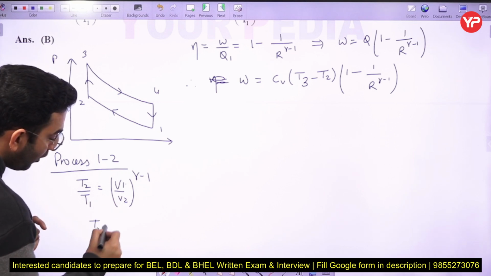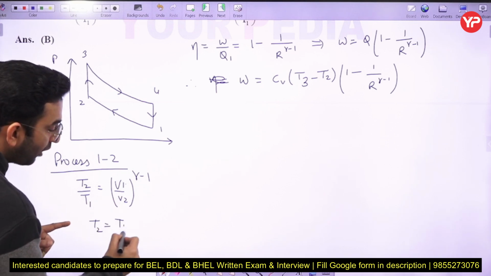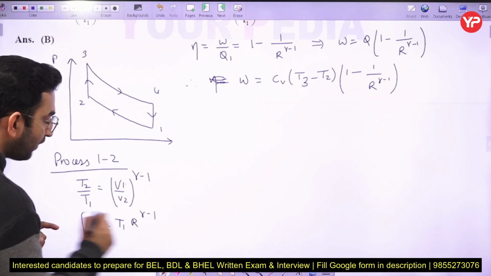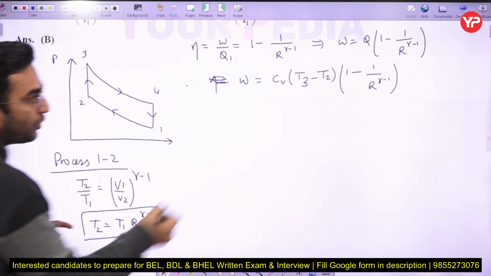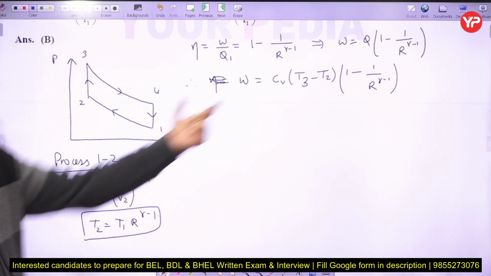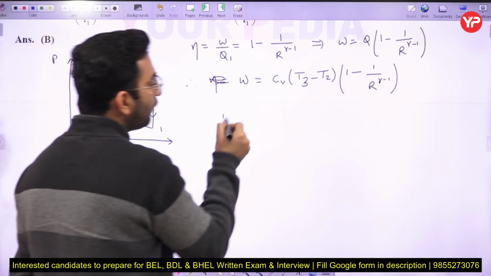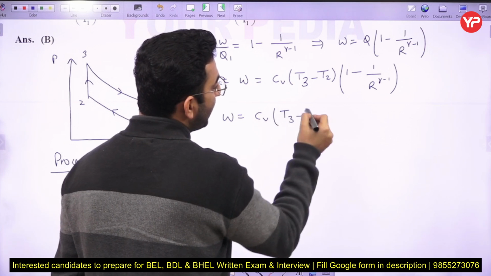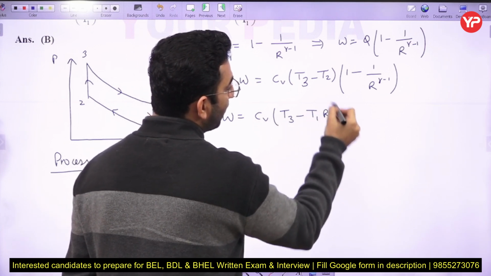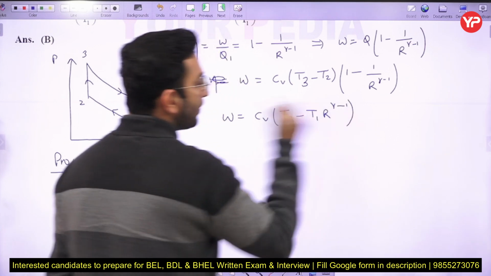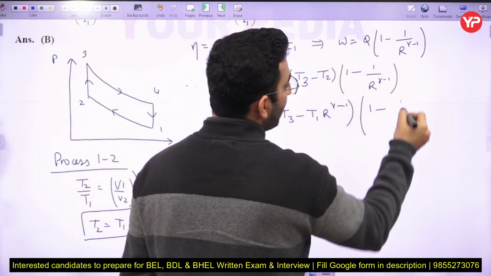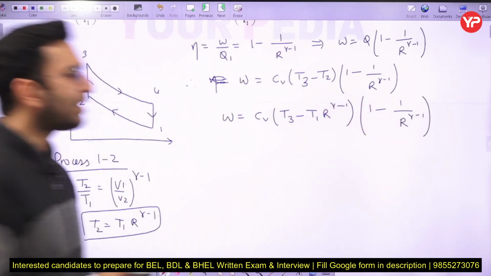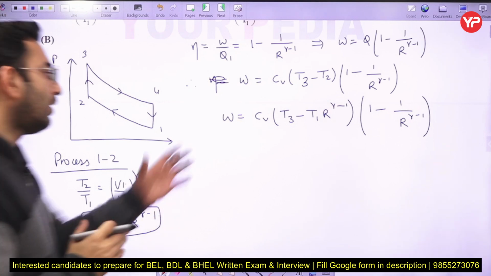So we can write that T2 is equal to T1 multiplied by compression ratio to the power gamma minus 1. Use this value of T2 in this final expression and you will find W comes out to be Cv into T3 minus T1 multiplied by R to the power gamma minus 1, into R to the power gamma minus 1 minus 1, upon R to the power gamma minus 1. That is the expression you are going to get in the case of work.